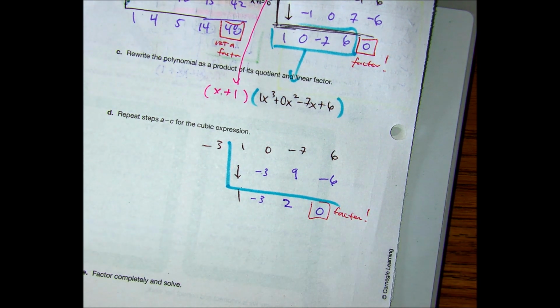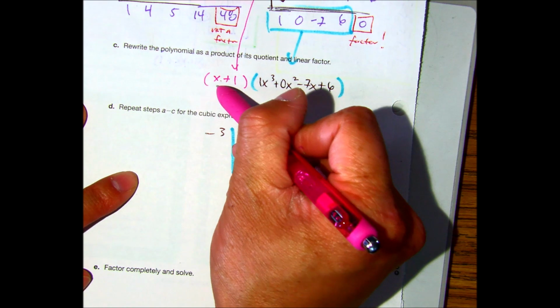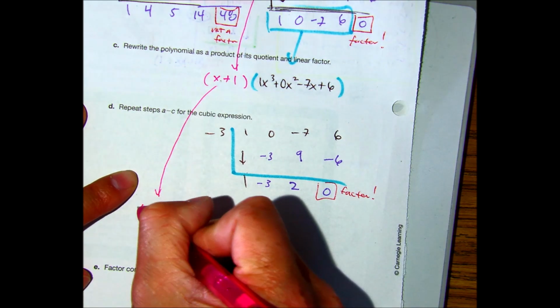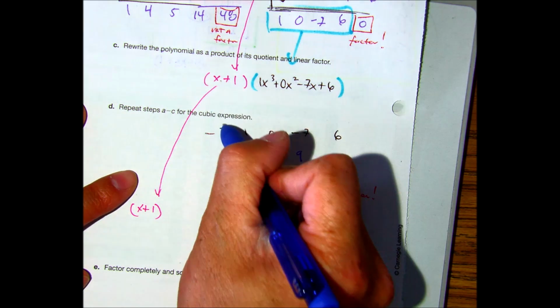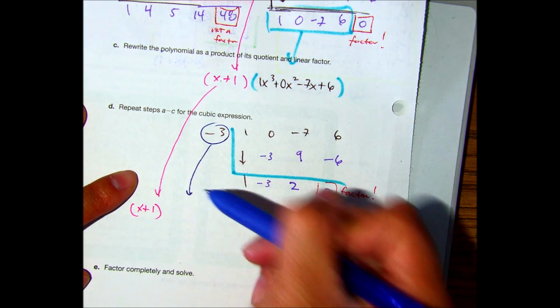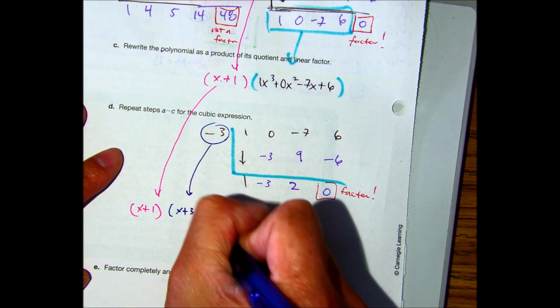Okay, so let's review what we have so far. We have this x plus 1 works. Class, what do I write here? X plus 3. Remember, if you forget, x equals.